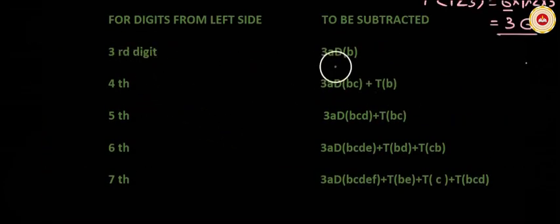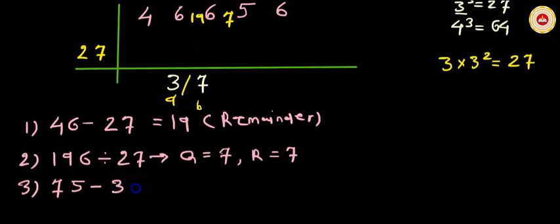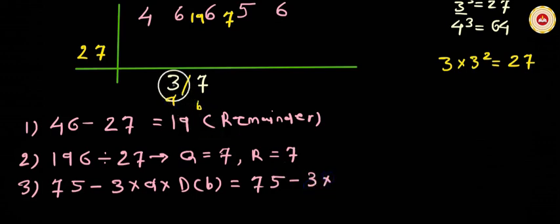For the third digit, 3 multiplied by A multiplied by the duplex of B. So 75 minus 3 multiplied by, what is A? A is 3 here, multiplied by the duplex of B.